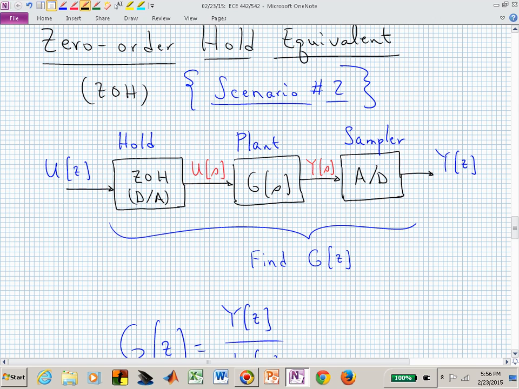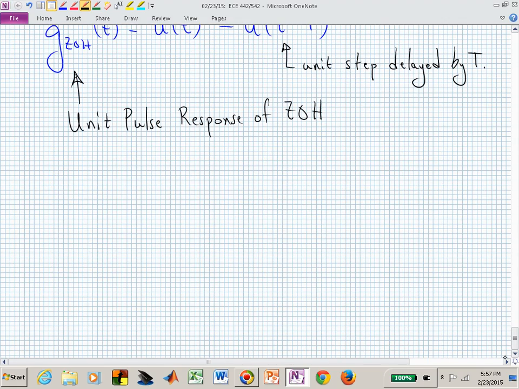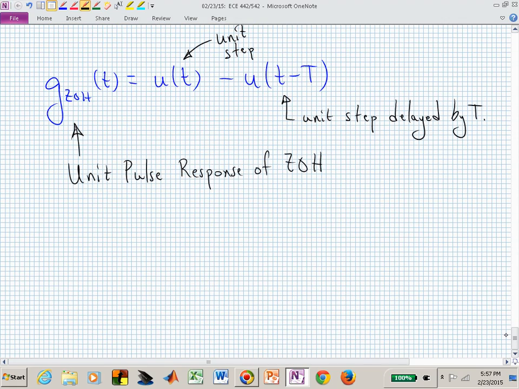We are trying to generate a frequency domain expression for that zero-order hold block, and then we can cascade that with our capital G of s that we have available to us, or that's what we're assuming. Let's now take this into the frequency domain.